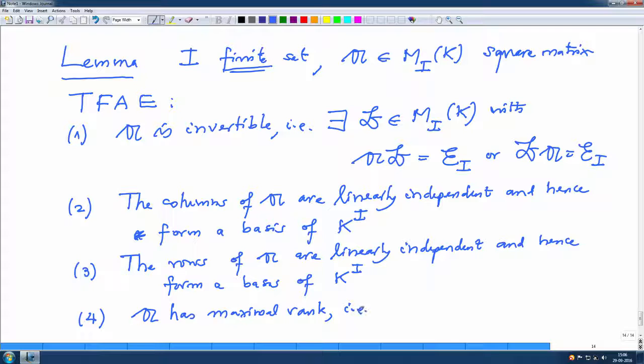That is, rank of A in this case equals the cardinality of I. Okay, so let us see the proof.